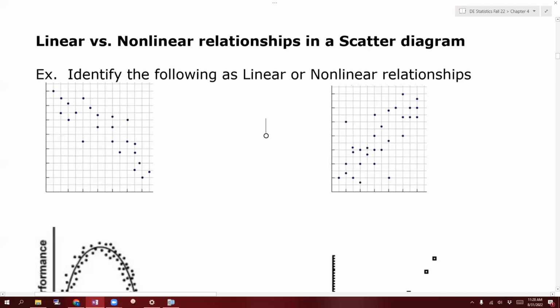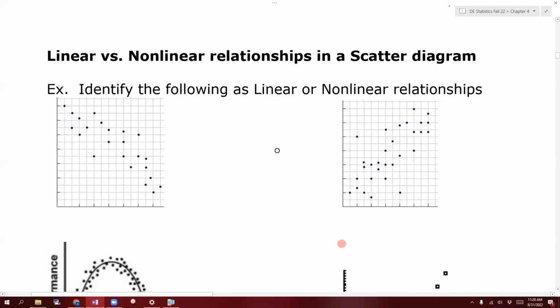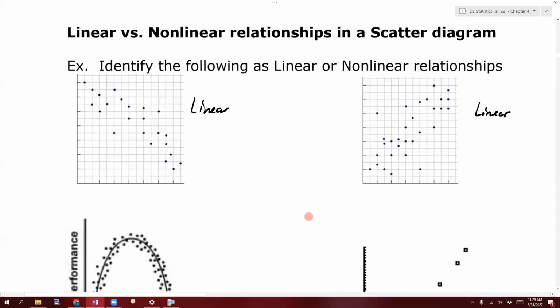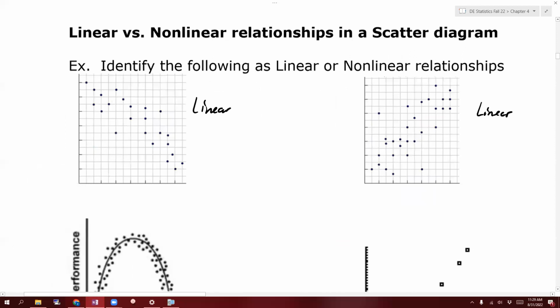And so these first 2 are both linear relationships. As X increases, Y either increases or decreases. On this first one, we have a negative linear relationship. As X increases, Y decreases, but it's consistent.